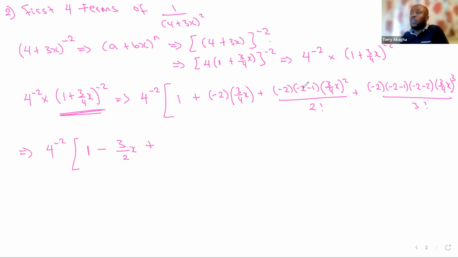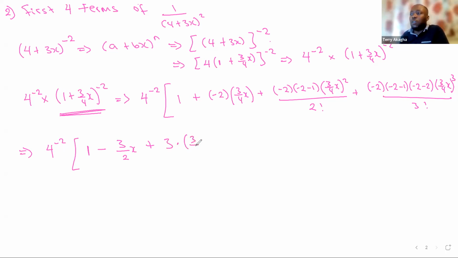So that means minus 2 minus 1 will give you minus 3. Minus 3 times minus 2 will give you minus 6. Minus 6 divided by 2 factorial will give you 3.